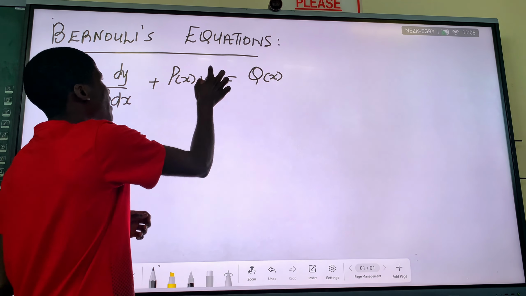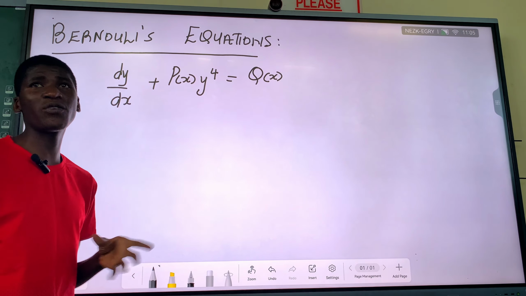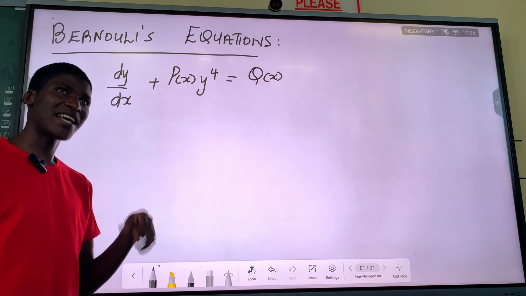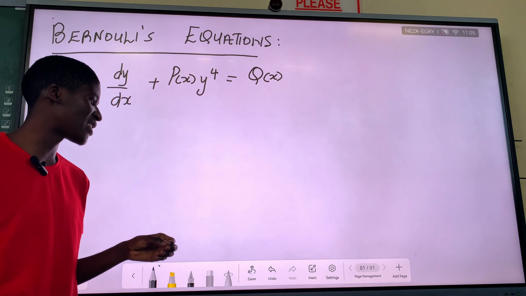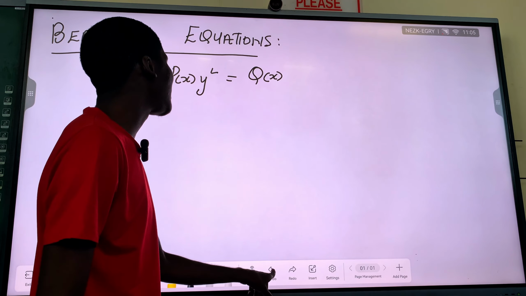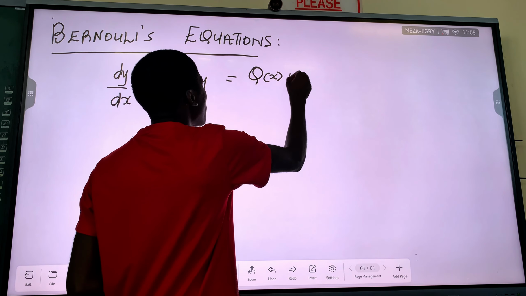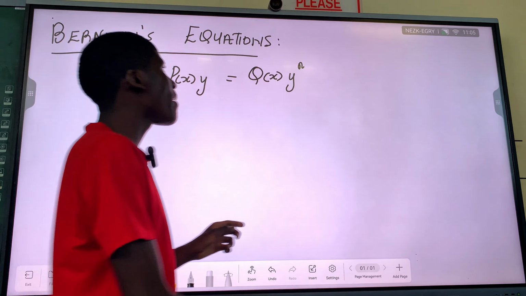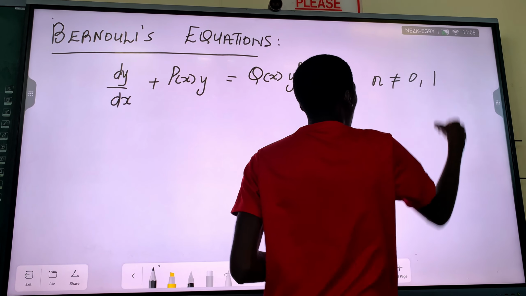For example, if I say my y is raised to the power of 4, this is no longer a linear differential equation. So now we call that a Bernoulli equation. So there must be some way to solve it. Most of the time, the general format they will give you has a factor y to the power of n, whereby n is not 0, is not 1.